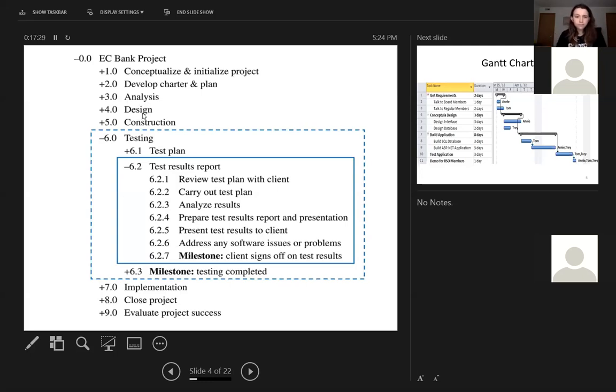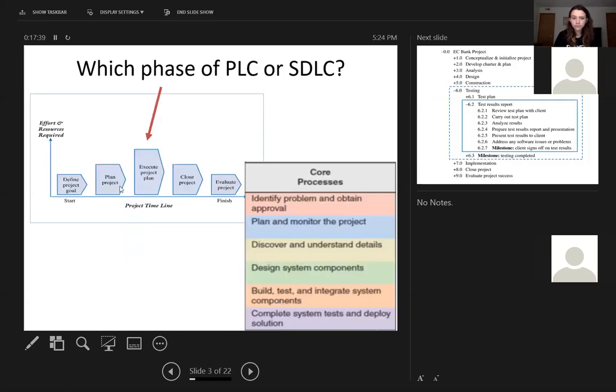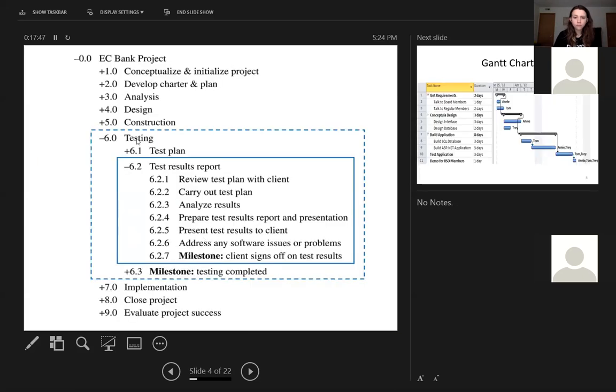So analysis, design, construction, testing, and implementation are happening within the execution phase. So basically you're taking all these 5, and then inside this one, you are putting SDLC phases, which you have heard about or are hearing in 261, analysis, design, and so on. So the project has been broken down to phases.